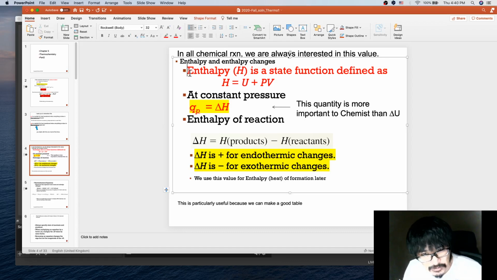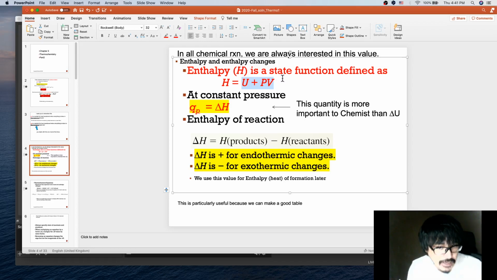Before I talk about Q_P, let's define the enthalpy H, and this is another state function, and that's equal to energy plus pressure times volume. This is a definition.